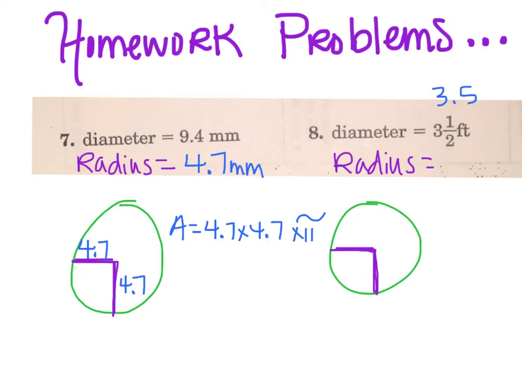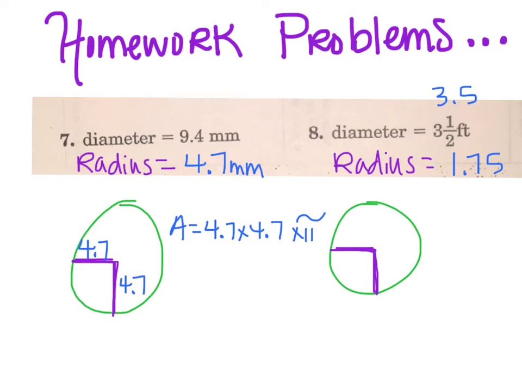I want to know what is half of 3.5. And again, you need to be super careful when calculating this because if you get the wrong number, your area will be wrong. I need to know 3.5 divided by 2. If you did it correctly, you should get 1.75.